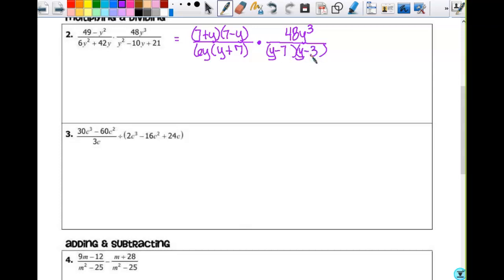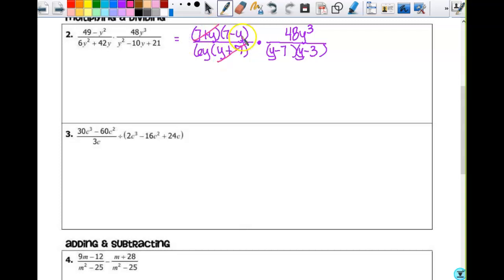I'm still not really excited about multiplying straight across yet. I can reduce, because even if I did multiply straight across, I can just make it into one big fraction with everything multiplied together, so I can reduce some things. This 7 plus y, is 7 plus y the same thing as y plus 7? Yes, so I can cancel those out.